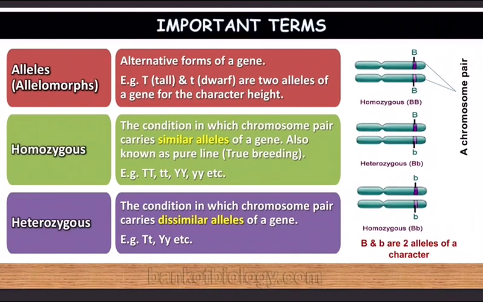Whatever we exhibit both inside and outside, thanks to the genes. And from where are we getting these genes? From our parents. So the study of those genes that are present in us, that are responsible for our characters and traits, is genetics.